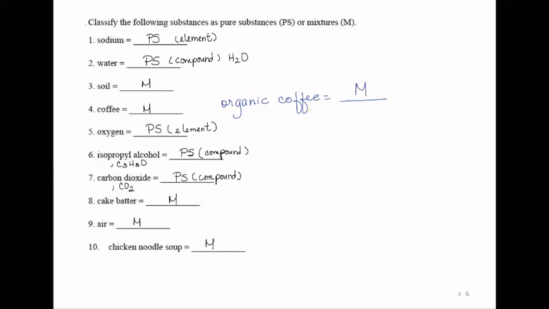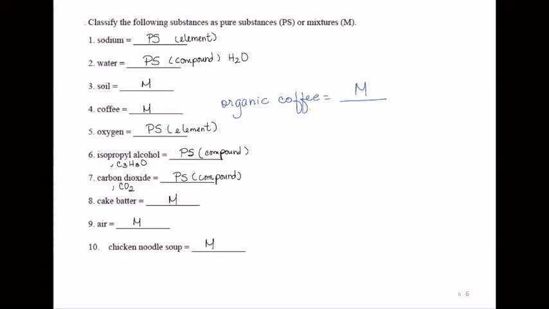If something before placing the word organic in front of it was a mixture, after placing the word organic it will still be a mixture. It could be fruits, like organic cherries, and all of a sudden students go, oh, pure substance because it's organic. No, my family, that is still a mixture.